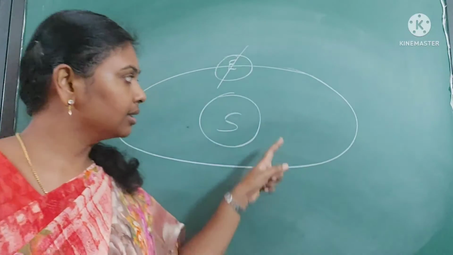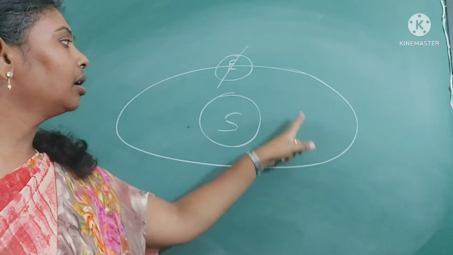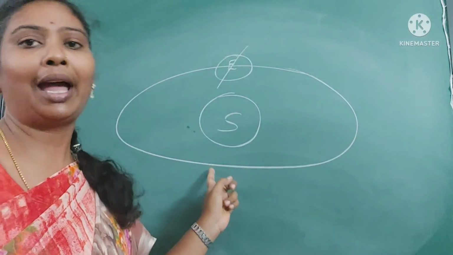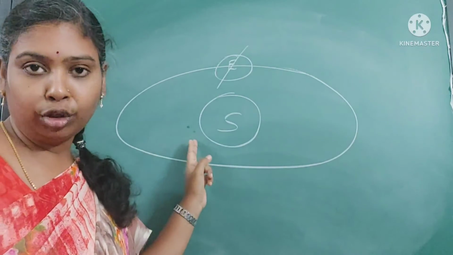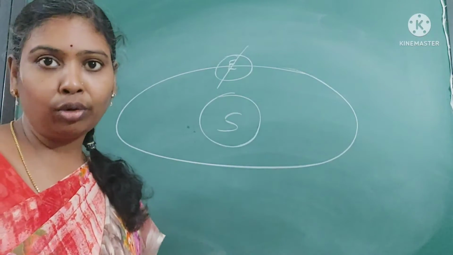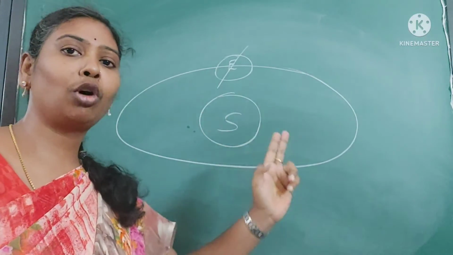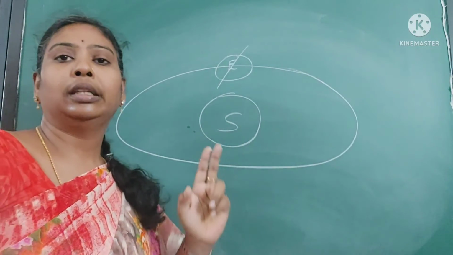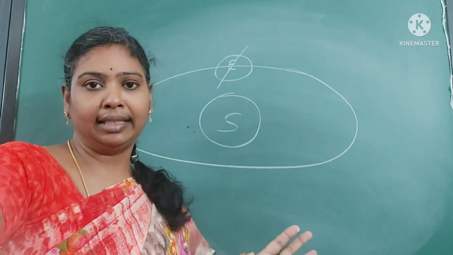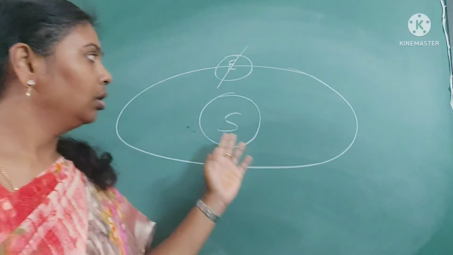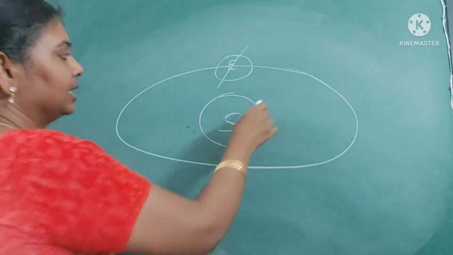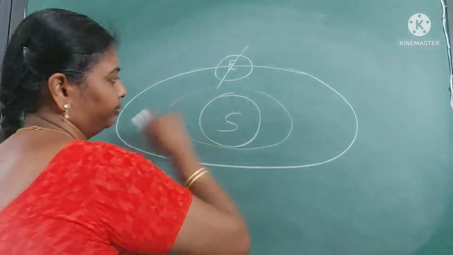The reason is that the distance of the orbit changes. For example, Pluto has a revolution period of more than 10 years, whereas Mercury has the smallest orbit, so its revolution period is only 58 days. So the revolution period depends upon the distance of the orbit.